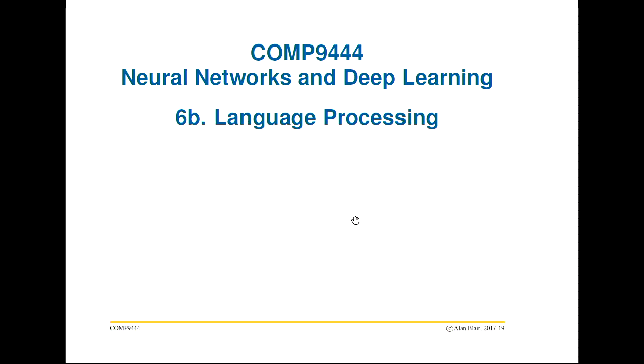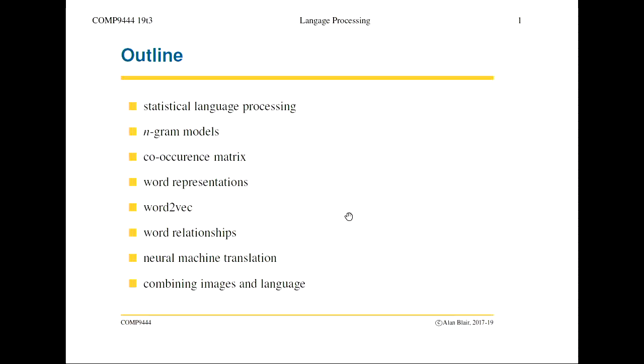Now we look at how we can scale these things up and apply them to real language processing. So we look at statistical language processing, n-gram models, co-occurrence matrices, word representations, word2vec, and machine translation. I'm not sure if we'll get to all of this today, but we'll make a start on it.